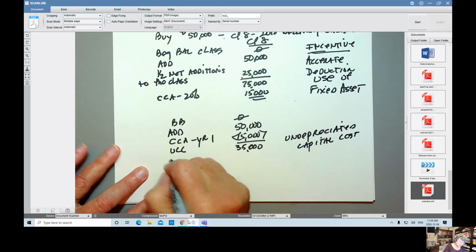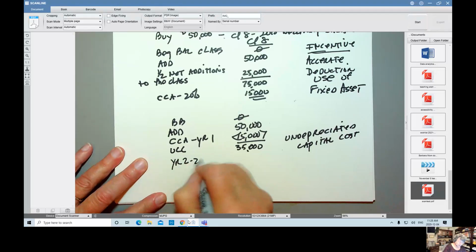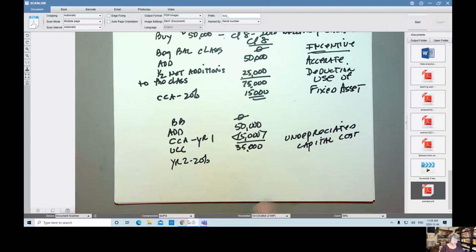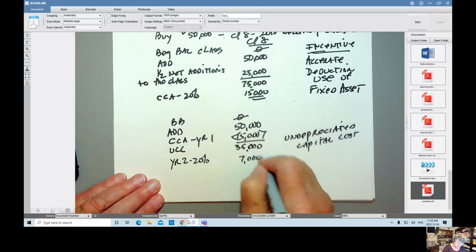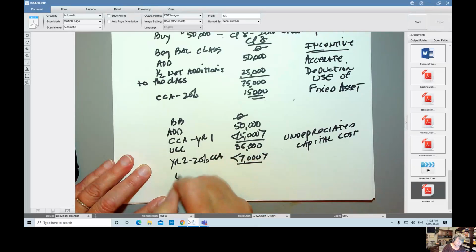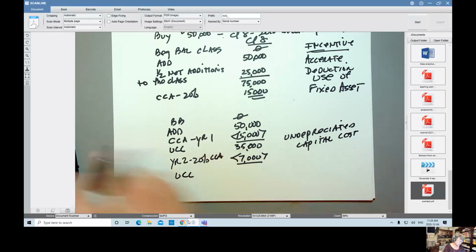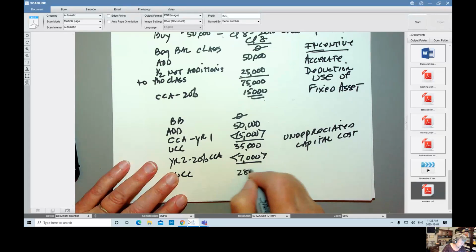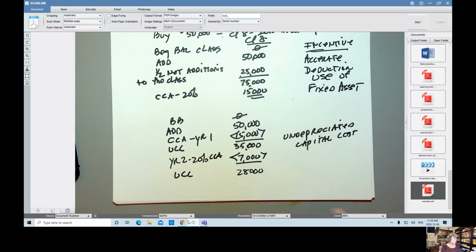Then next year, in year 2, I take 20% of the 35,000, and that's 7,000 CCA. So now my UCC is, don't ask me to do math without a calculator, 28,000 and so forth.